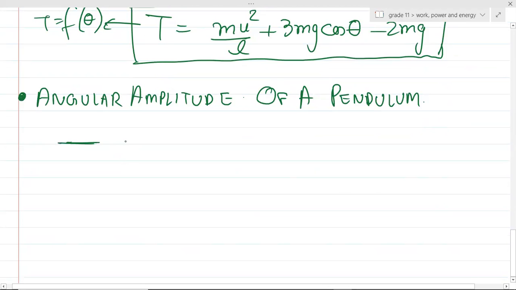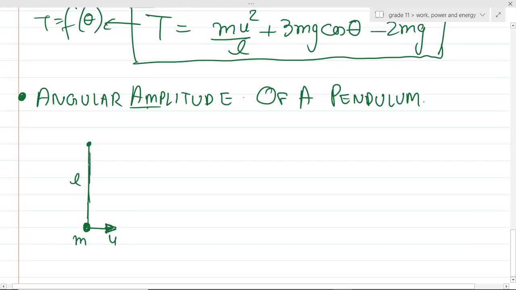Suppose you have a simple pendulum with a string and a mass m connected to a support, and let's say you have thrown it with a speed u.